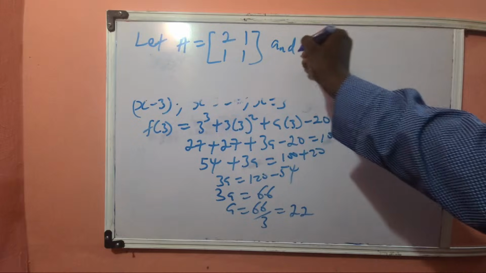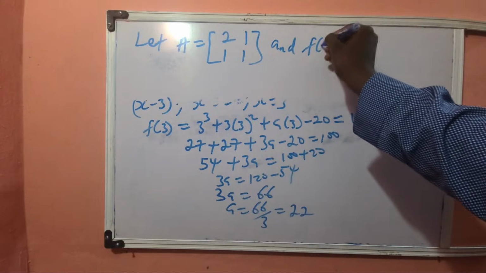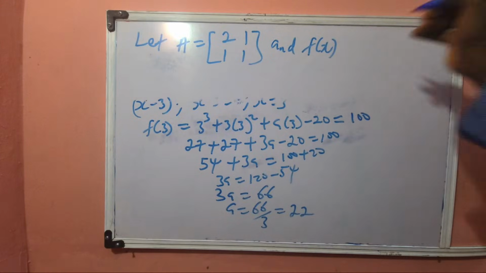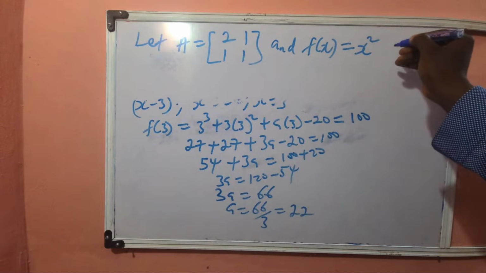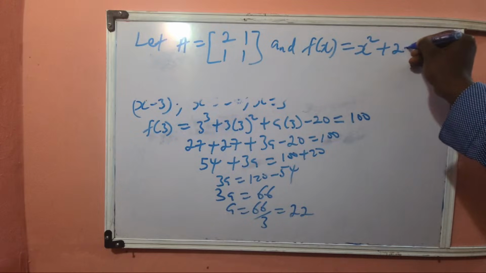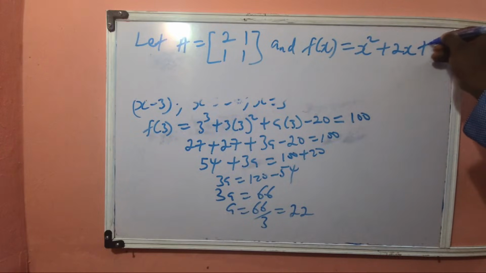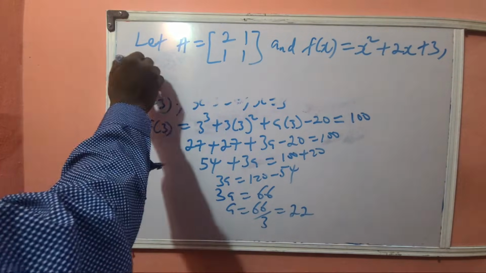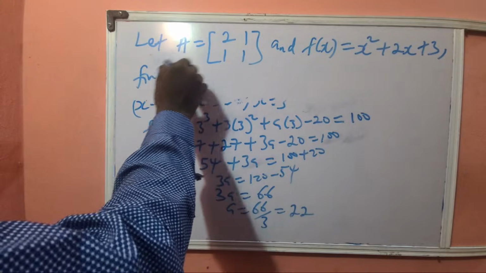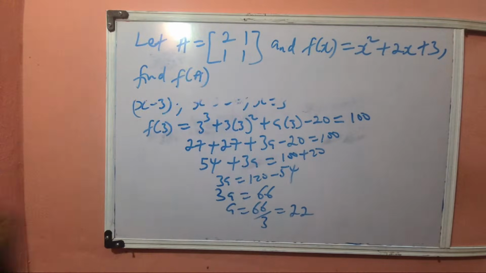And f of x, I told you it relates with a polynomial, is equal to x squared plus 2x plus 3. The question then went on to say, find f of A. Find f of A.